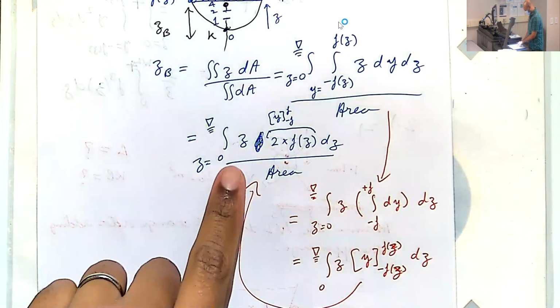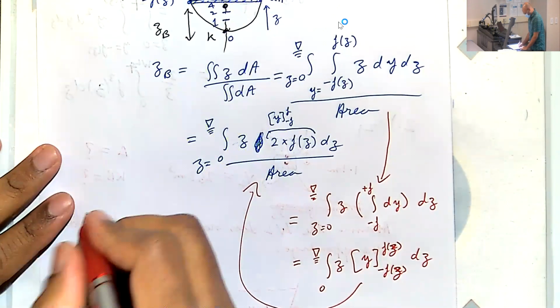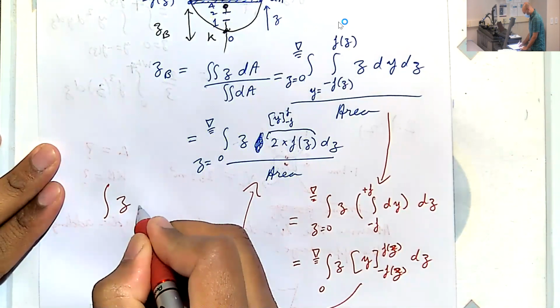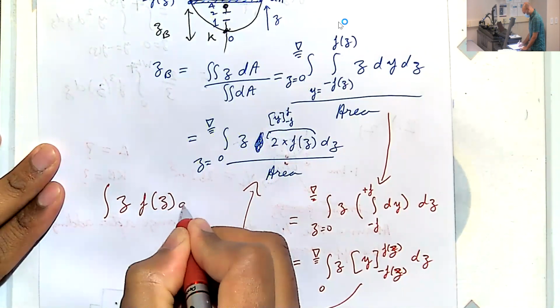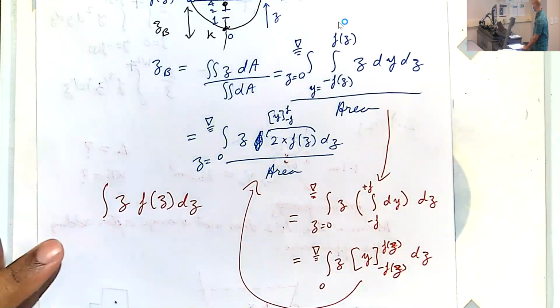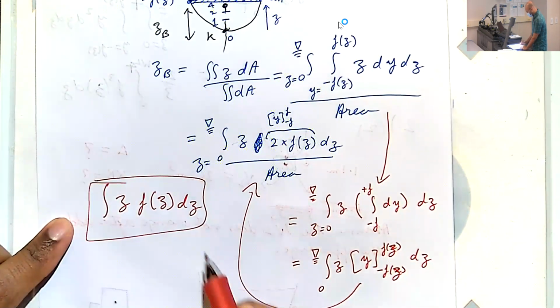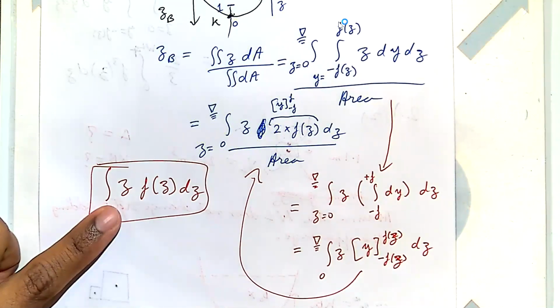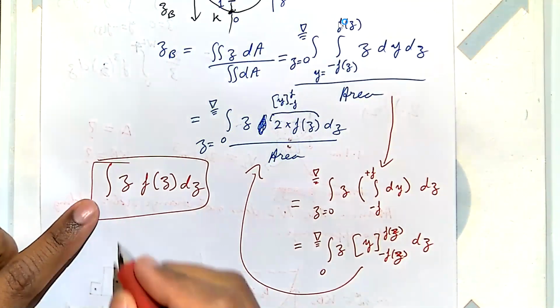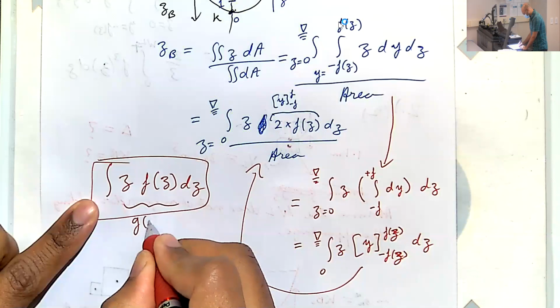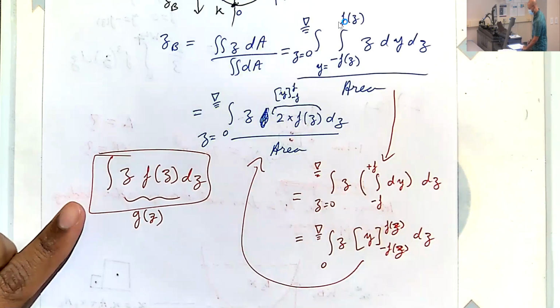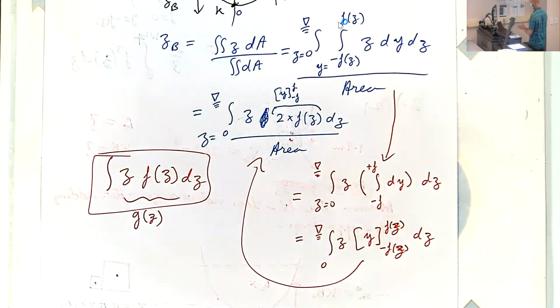And everybody knows how to do Simpson's rule for this, how to do trapezoidal rule for this. You just say that this is g of z, and then just use your Simpson's rule or trapezoidal rule, midpoint rule, whatever.